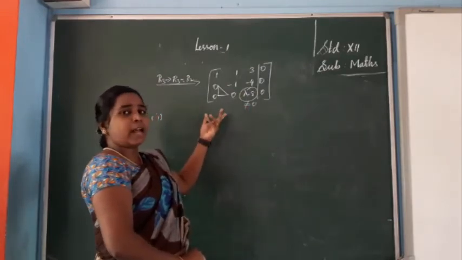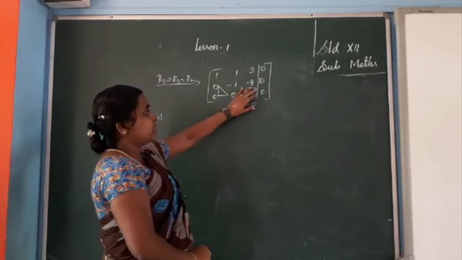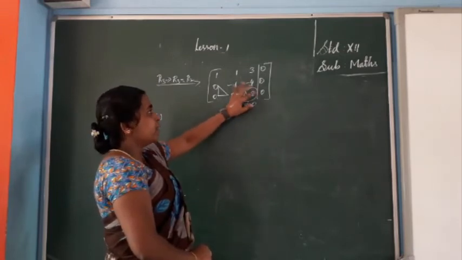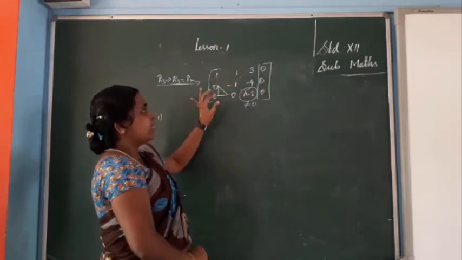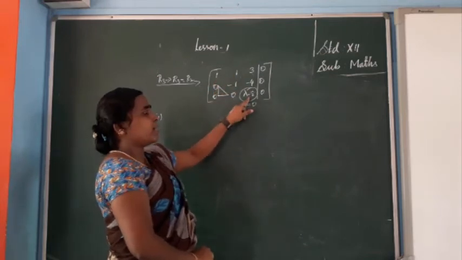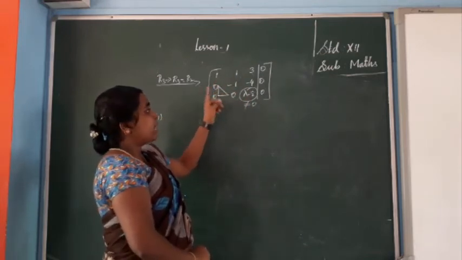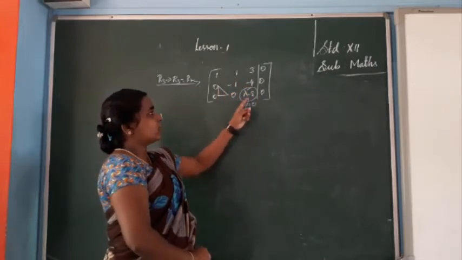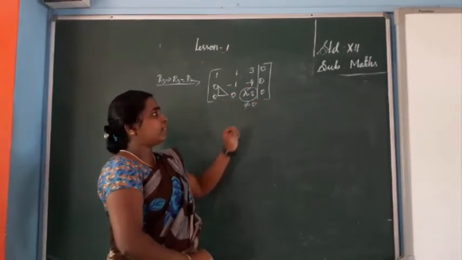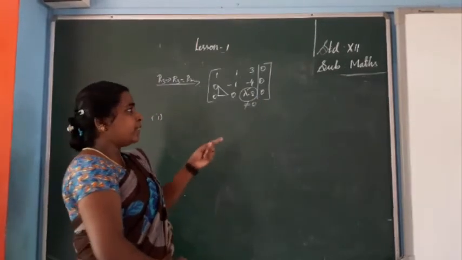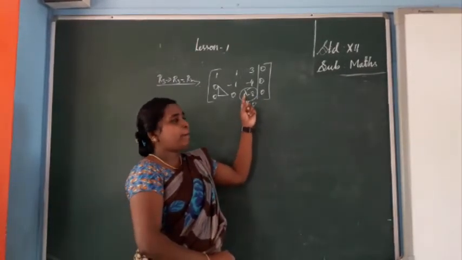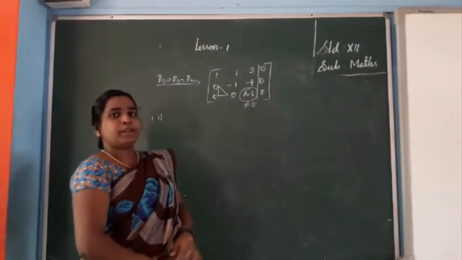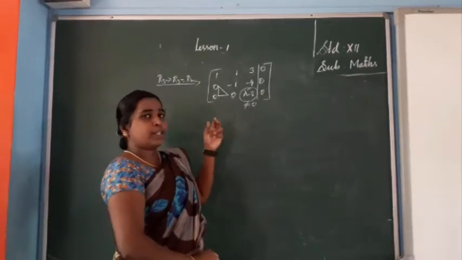Rank of A and rank of AB. This non-zero element is here, so rank of A is 3, isn't it? 1, 2, here also non-zero, so 3. Rank of AB also you will get 3. 1, 2 is common for AB also, so you will get 3. So first part, if lambda minus 8 is not equal to 0, we will get a unique solution.